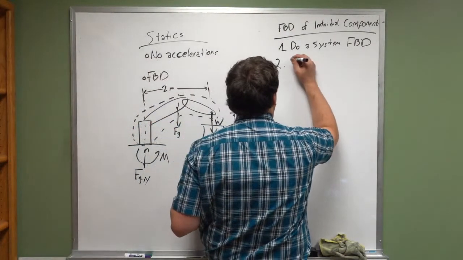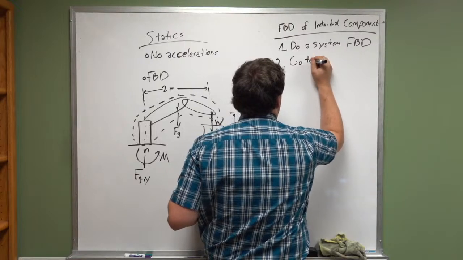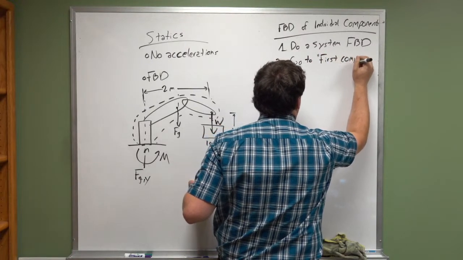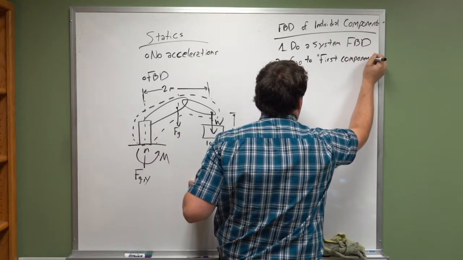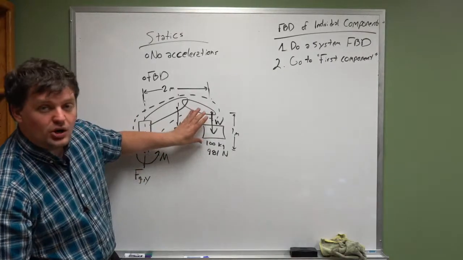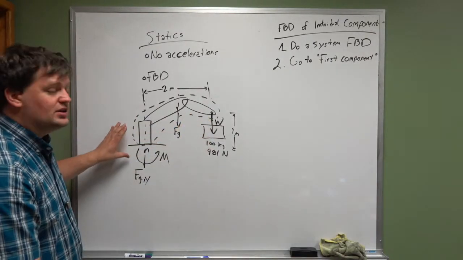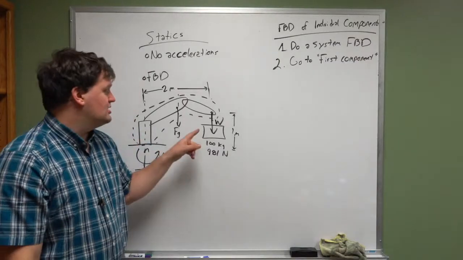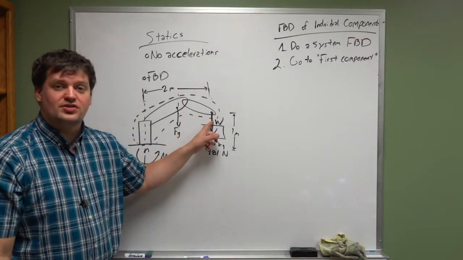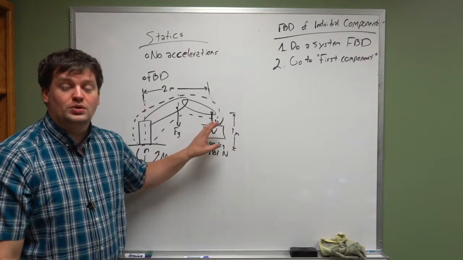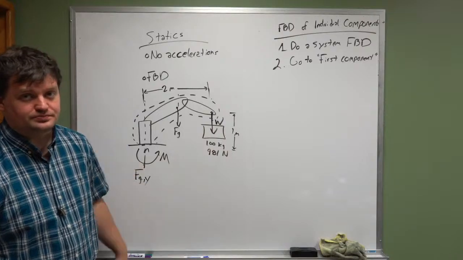Okay, that's the first component. First meaning it is the component that has an applied force on it or a boundary force on it that you know. Here, it'd be easiest for us to start with this one, because we know what this applied force is.